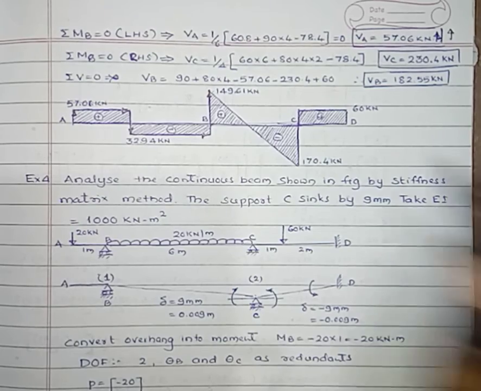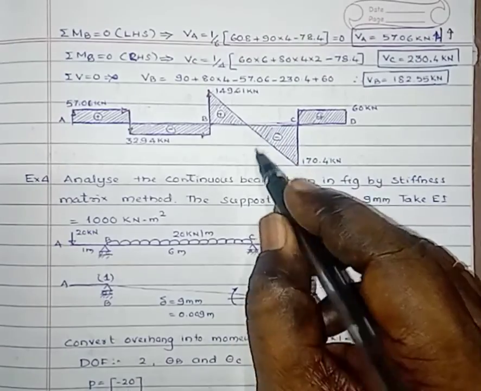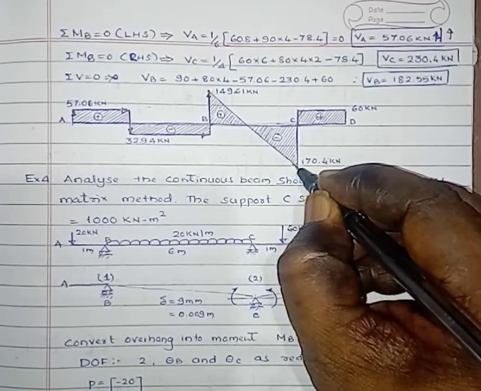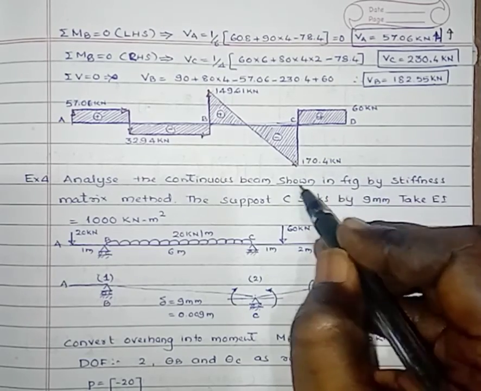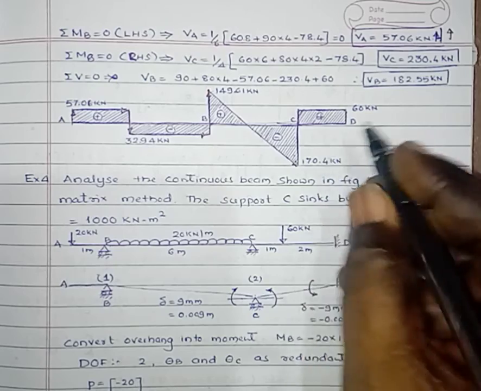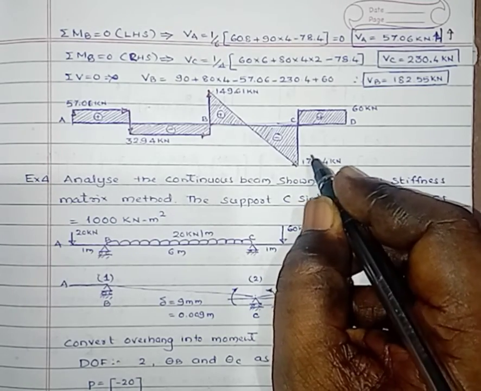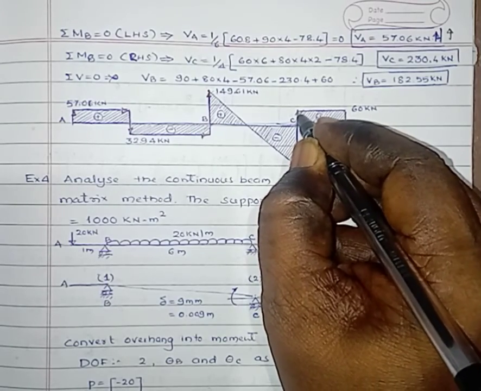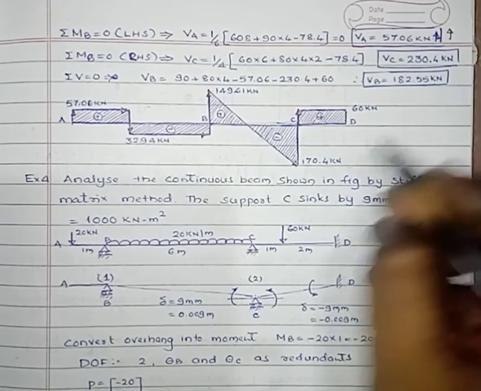Due to the UDL in span B to C, 149.61 minus 80 into 4 gives minus 170.4 kilonewton. At C there is a support reaction of plus 230.4.